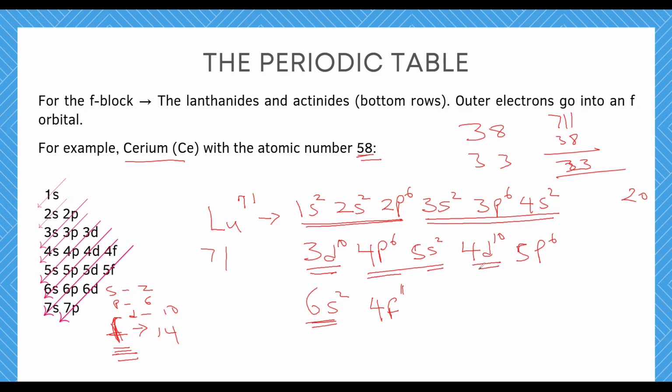That makes 18. 30 plus 18 gives us 48, right? And then we have 6 over here. That gives us 54, right? And then over here we have 2. That gives us 56, right? 56 plus 11. How many does that give us? 67.